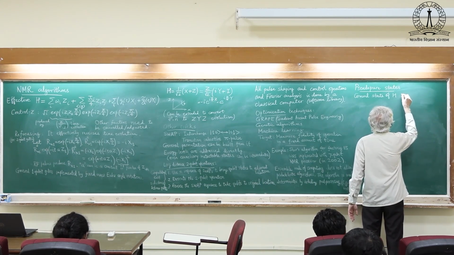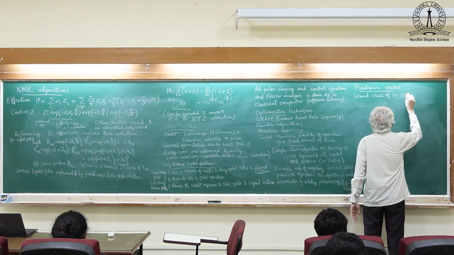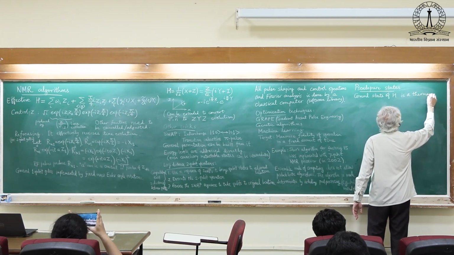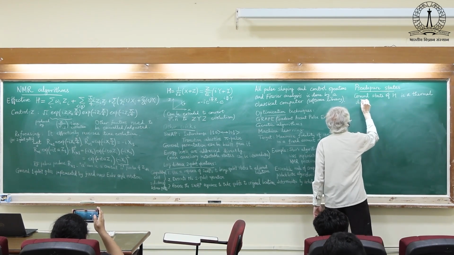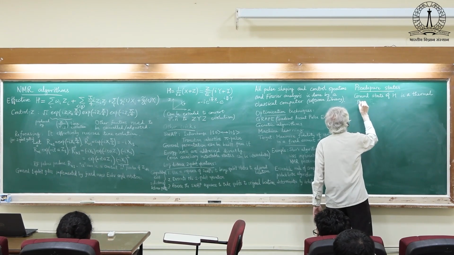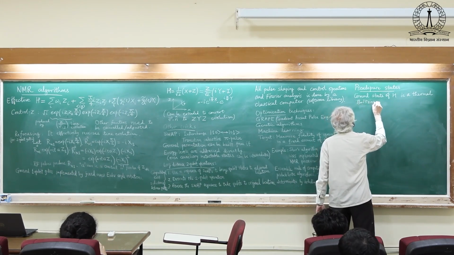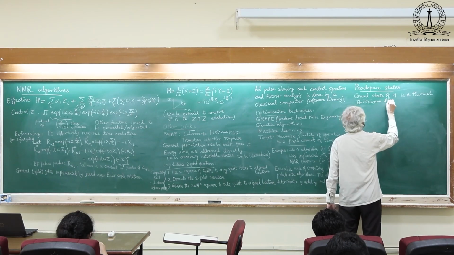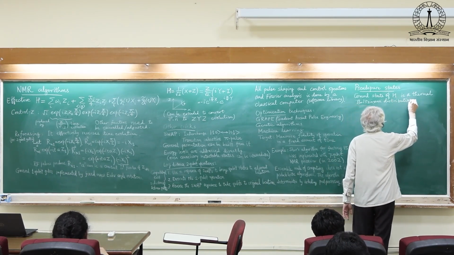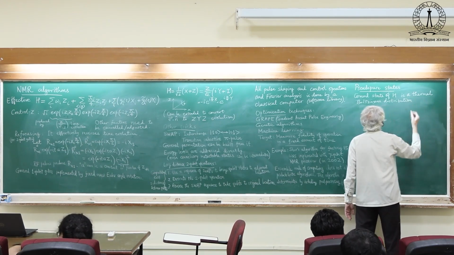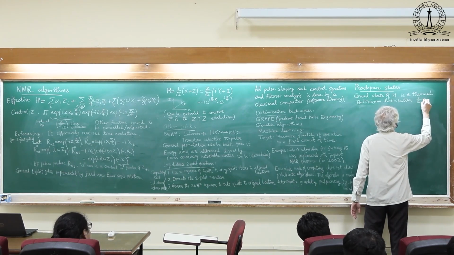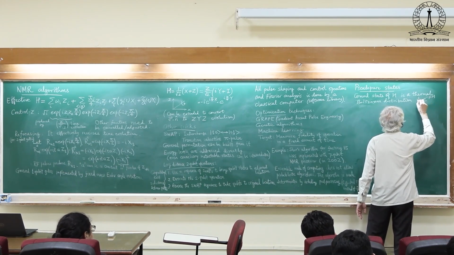Then that is a completely thermal distribution, given by the Boltzmann factor, 1 by Z e raised to minus beta h.